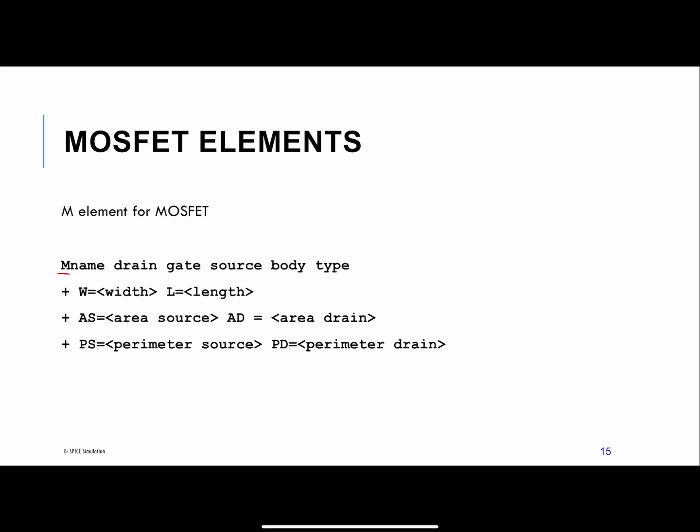So this is back to the NMOS model name. So anything with M is a MOSFET, sorry. And then you can give it whatever name you want, letters or numbers. And the nodes are drain, gate, source, and body. And the type, again, has to be the same as the model file name.